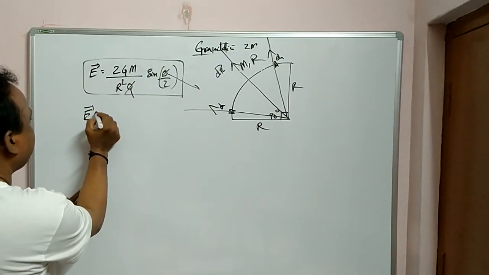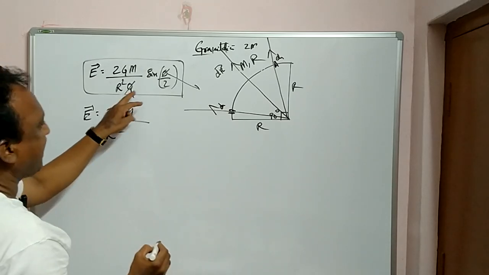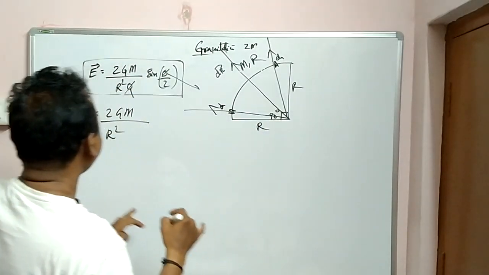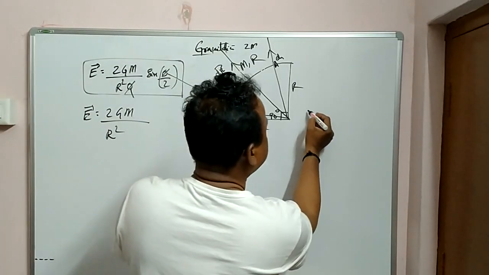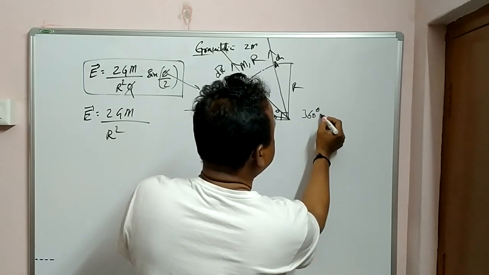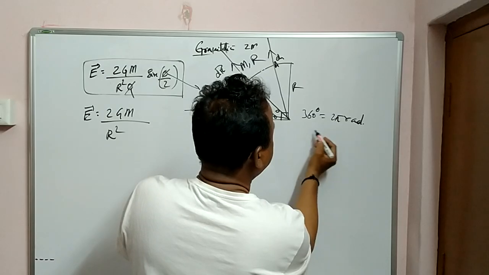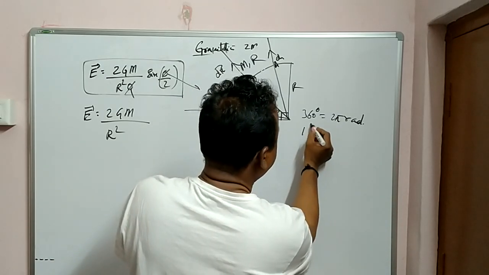What is E? 2GM by r square, phi. What is the angle here? It is in radians. So how much is it in radians? It is 90 degrees. You know how to convert that? I am telling an easy method. 360 degrees is equal to 2 pi radians. So what is 1 degree?